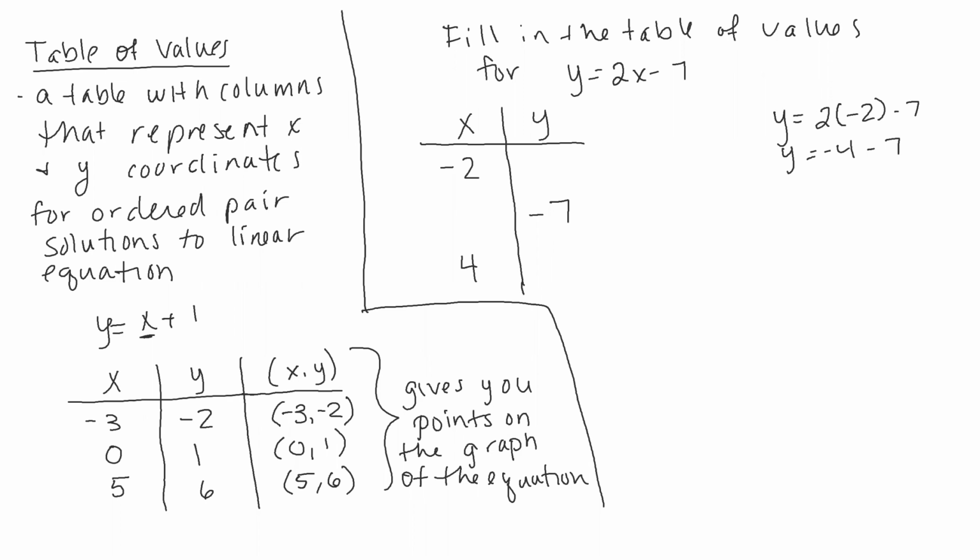And then I take -4 minus 7, and I get -11. So that tells me the y coordinate for the x coordinate of -2 has to be -11. Those two values are tied together forever. For this particular equation, if x is -2, y has to be -11. So we have the ordered pair -2, -11.